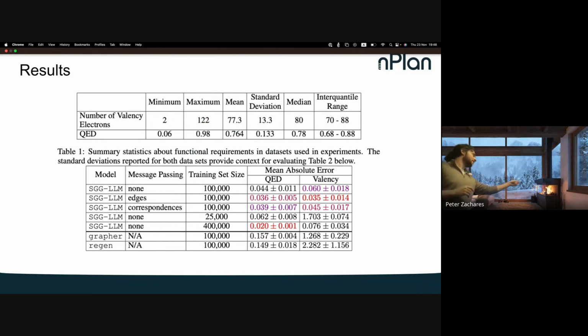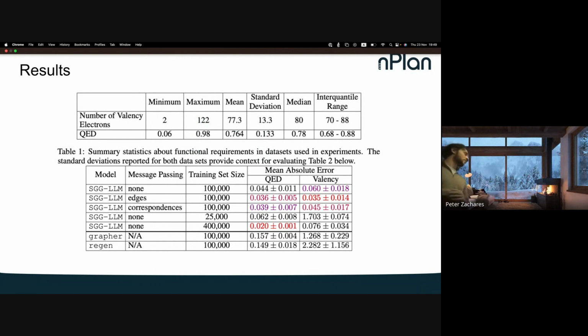This table on top is really important to understand these results, because you can see that for the data set that we were evaluating on, the standard deviation is 0.11133. So this number is about 4 times less than the standard deviation, which shows that the model is actually learning something. Because if the mean absolute error was around the standard deviation, it means that you could basically randomly guess from the data set and get a similar result.